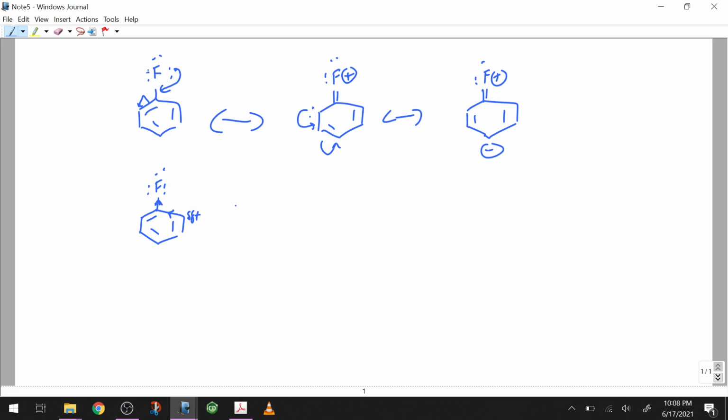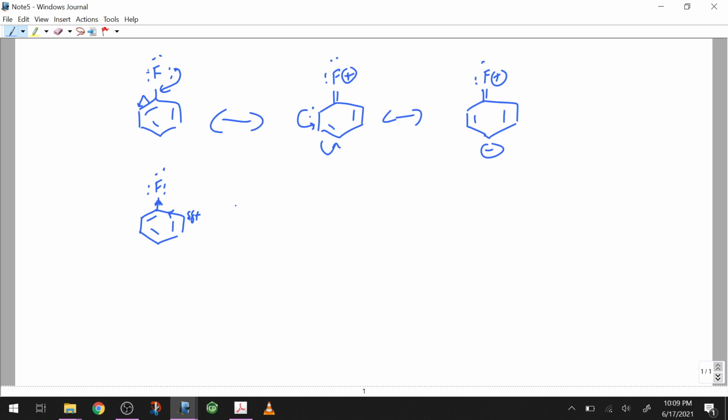As a result, it's not going to direct to the ortho position very effectively. It's going to have very little nitration happen at the ortho position because it's already cationic, at least in terms of inductive effects. That's only a problem for the halogens. That's not a problem for anything else.